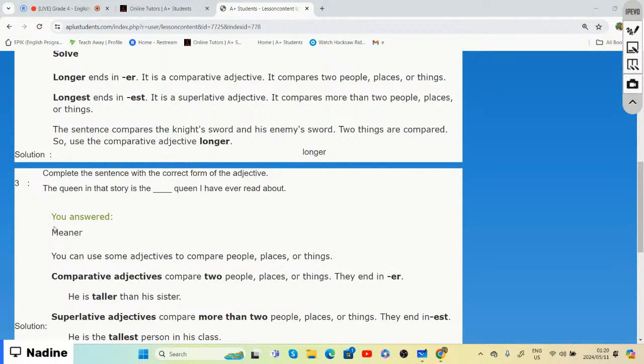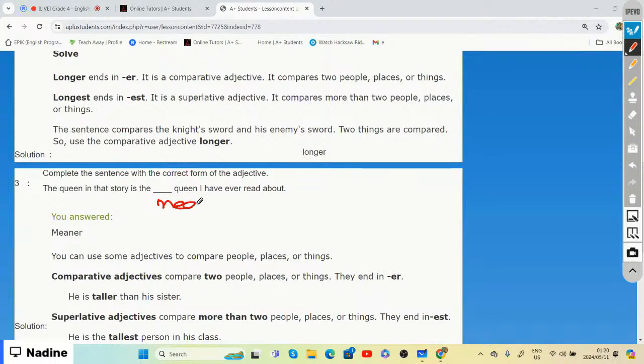So we can say the queen in the story is the meanest queen I've ever read about. Meanest. And the reason why we say meanest with an EST is because they are putting emphasis on I have ever read about.